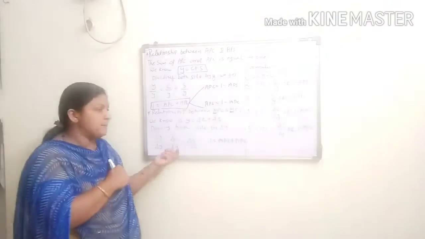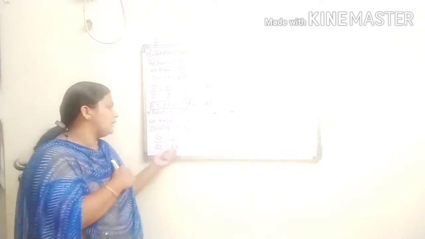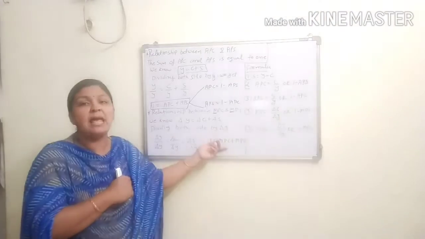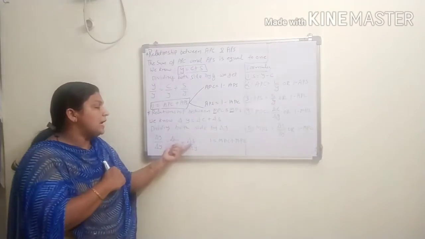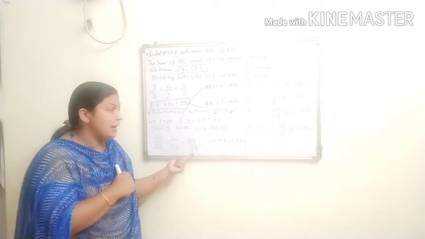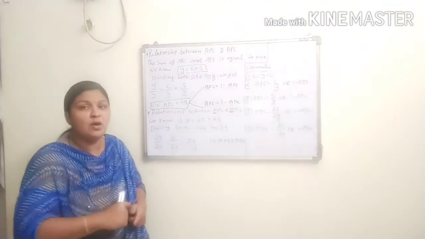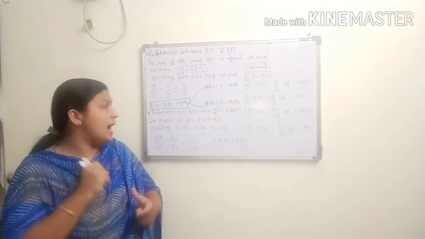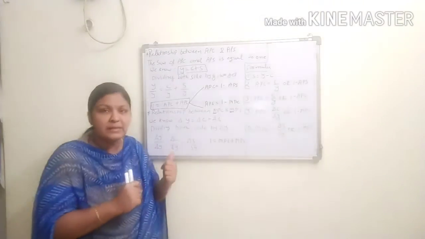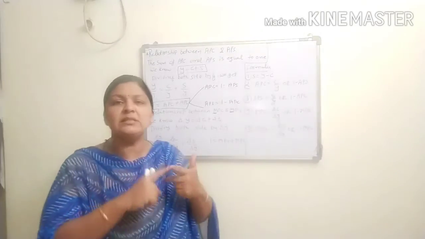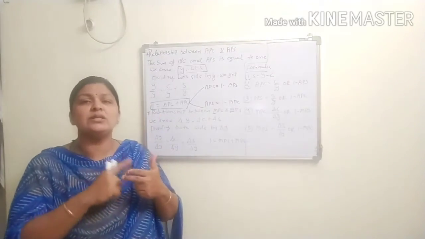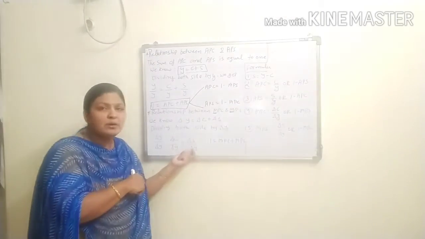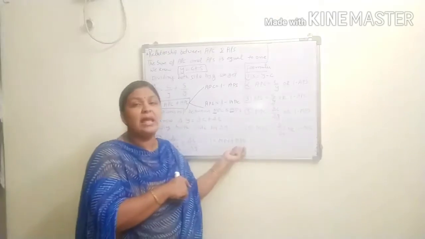So instead of delta C upon delta Y, we write MPC. Delta S upon delta Y becomes MPS, because MPS is the marginal propensity to save, the change in saving compared to the change in national income. So instead of delta S upon delta Y, we write MPS.